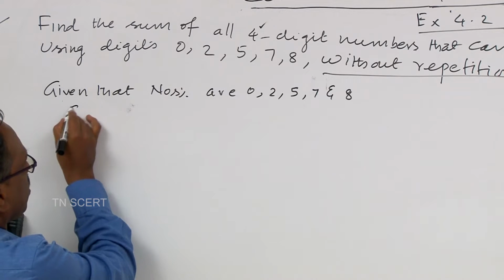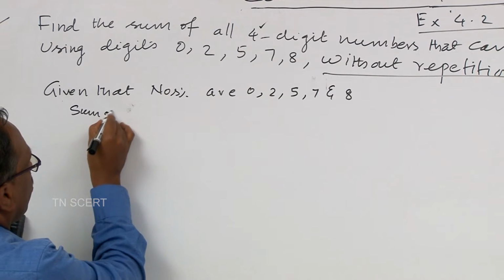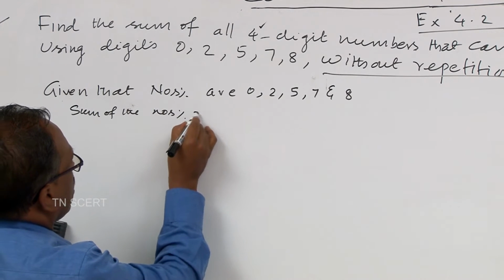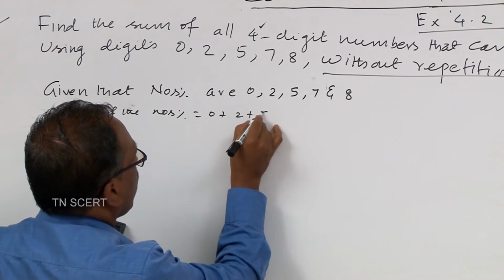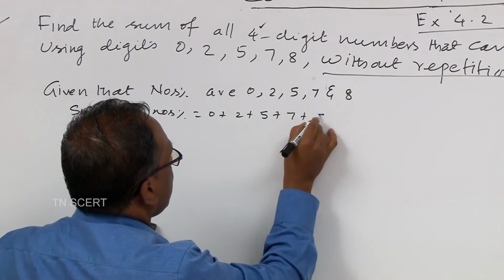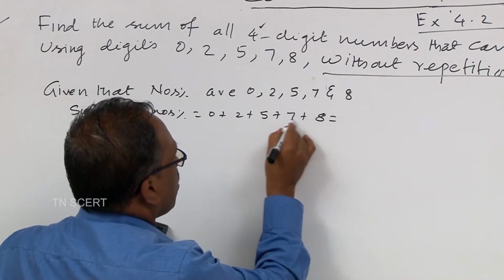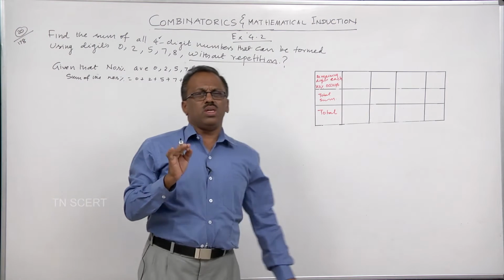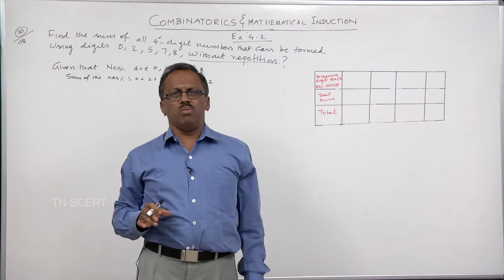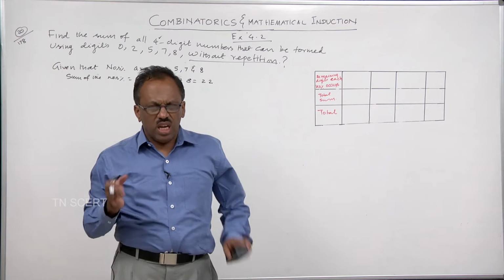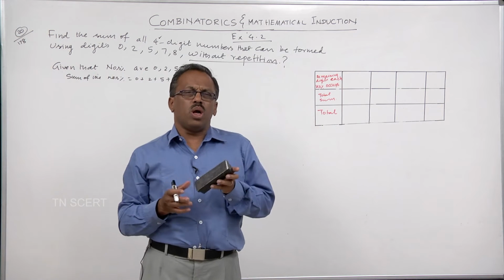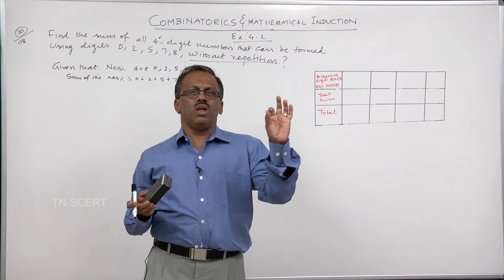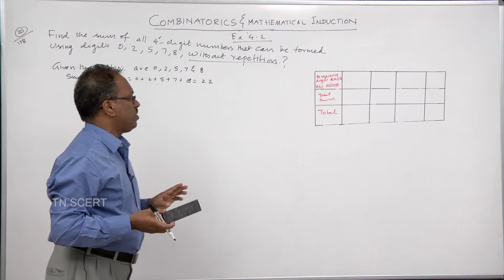The sum of all the numbers is 0 plus 2 plus 5 plus 7 plus 8. So, 8 plus 7 is 15, 20, 22. Now, 22 is the sum of all the numbers. The problem has not even started yet, we have only written the sum of all the numbers.